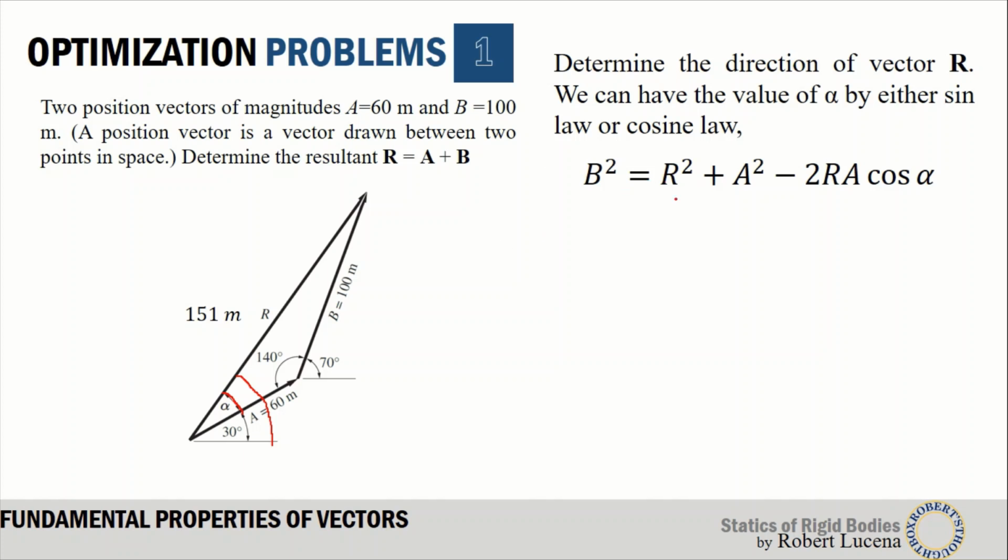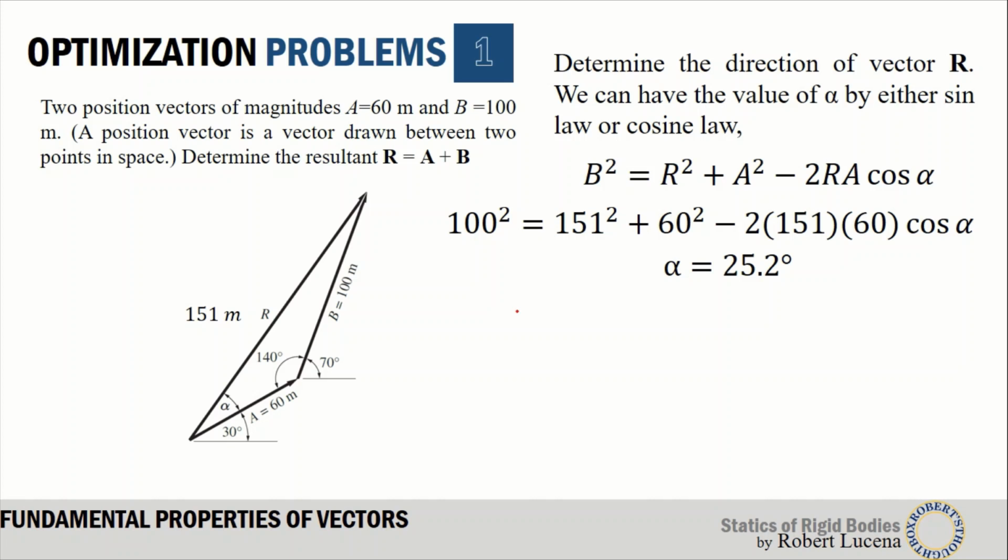Now using cosine law, we have the value of R, the value of A, and the angle opposite to B, which is alpha. So substituting the values, we have 100 squared equals 151 squared plus 60 squared minus 2 times 151 times 60 cosine alpha. And solving for the angle, we have 25.2 degrees.